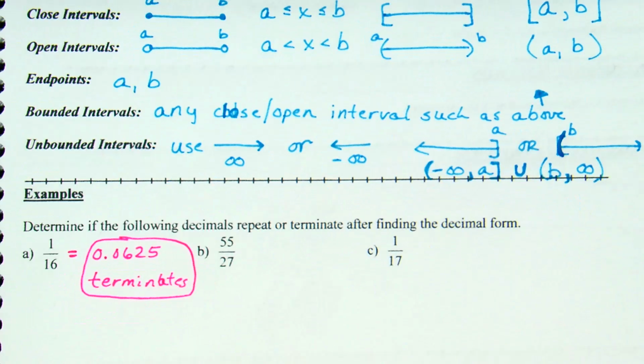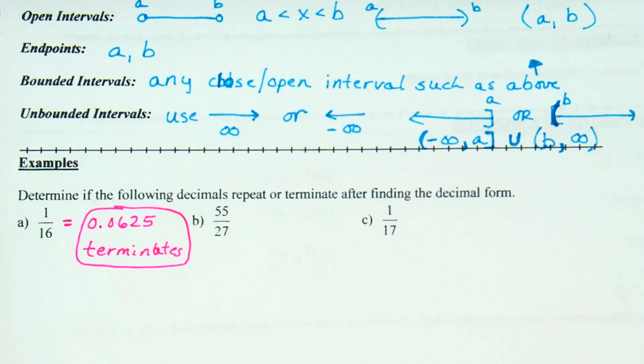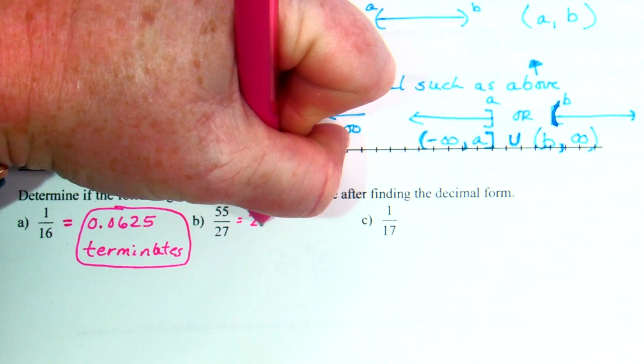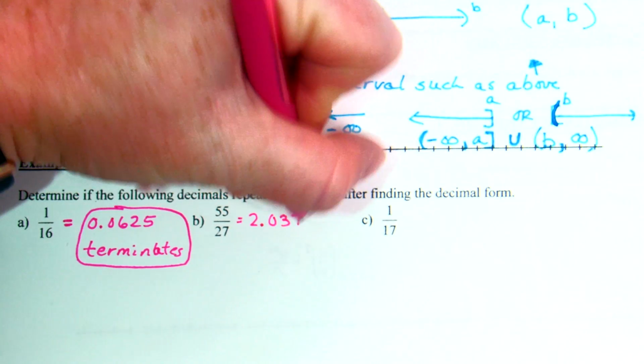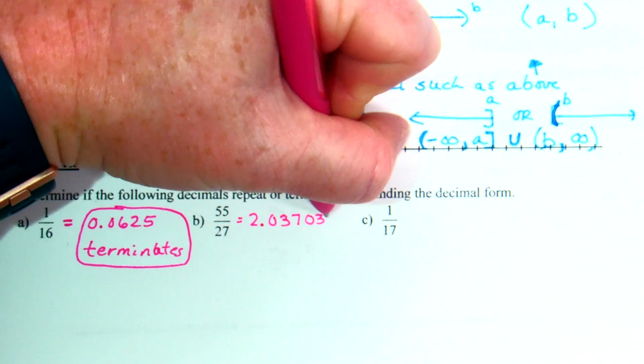55/27. Is that one you know off the top of your head? 1/16, I'm guessing, maybe some of you knew. But 55/27, no. Okay, so what do we find out when we do 55 divided by 27? What do we get? 2.037.